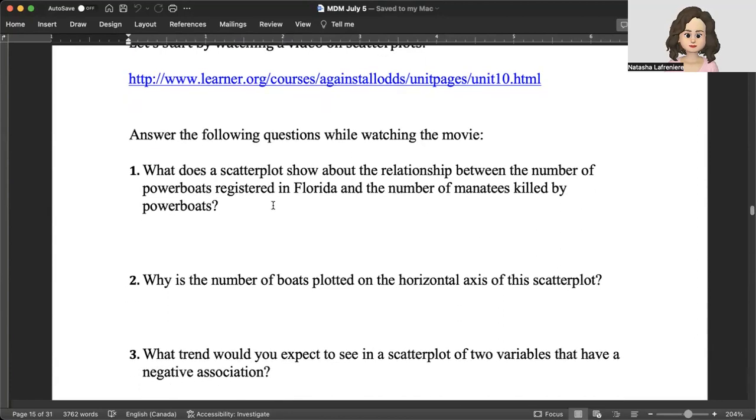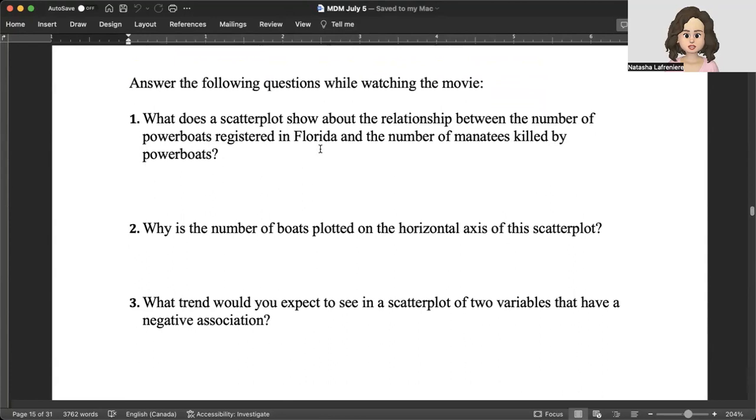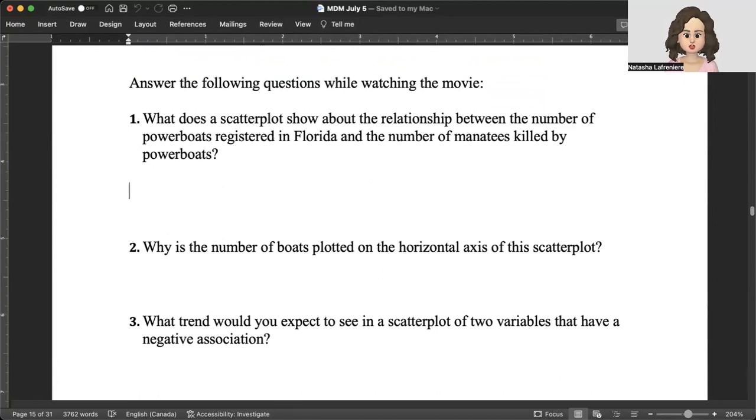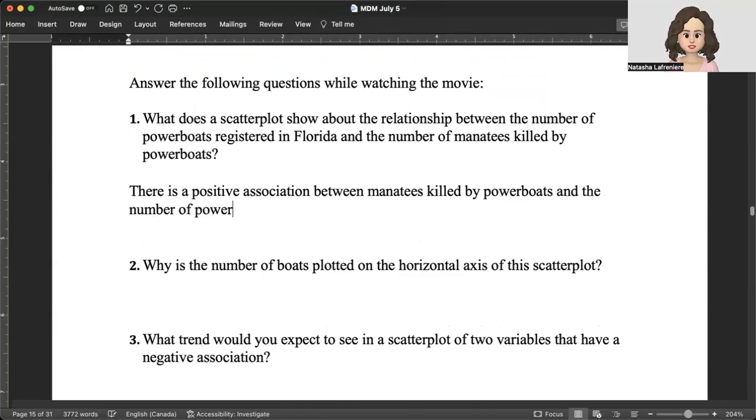So what does a scatter plot show about the relationship between the number of powerboats registered in Florida and the number of manatees killed by powerboats? In the video, it said that there was a positive association between manatees killed by powerboats and the number of powerboat registrations.